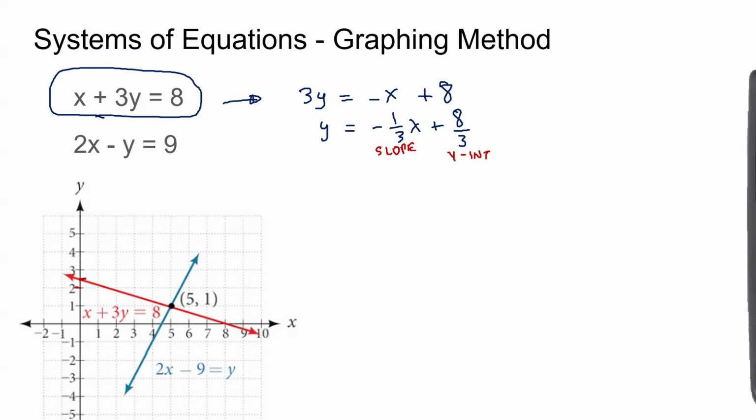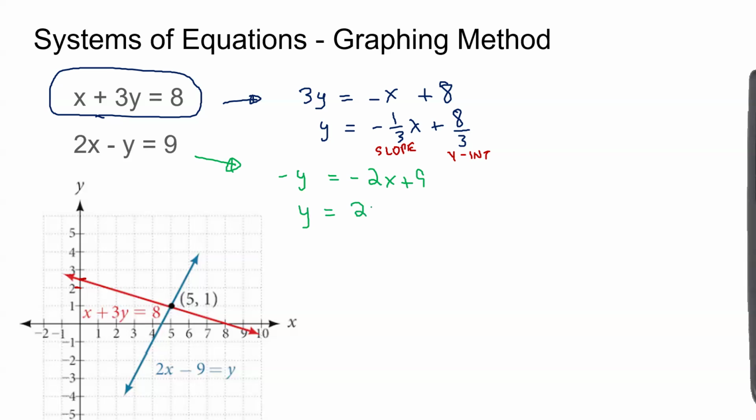And you could do the same thing here with the second one. I got my colors mixed up. I should have done red up there and blue down here. Whatever. I'll do green. How about that? And if I solve this one for y so that we could easily graph it, I'll subtract 2x from both sides. Would look like that. Multiply through by -1.